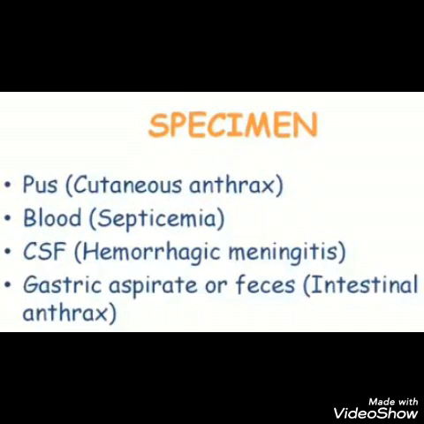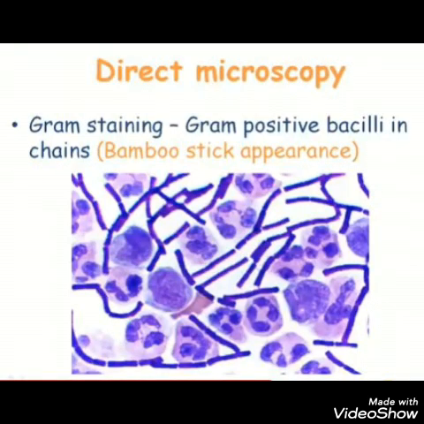Specimens collected are pus if cutaneous anthrax, blood if septicemia, CSF if hemorrhagic meningitis is occurring, and gastric aspirate or fecal matter in case of intestinal anthrax. So these are the specimens collected.